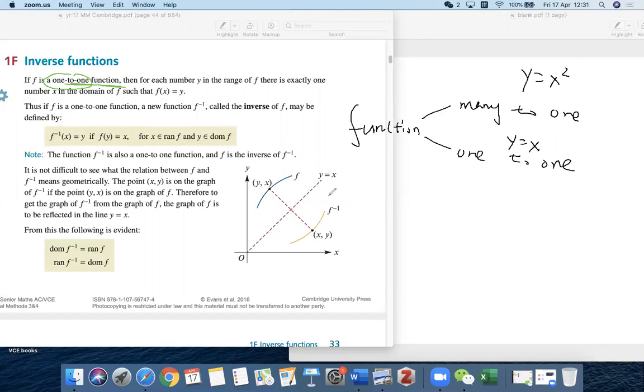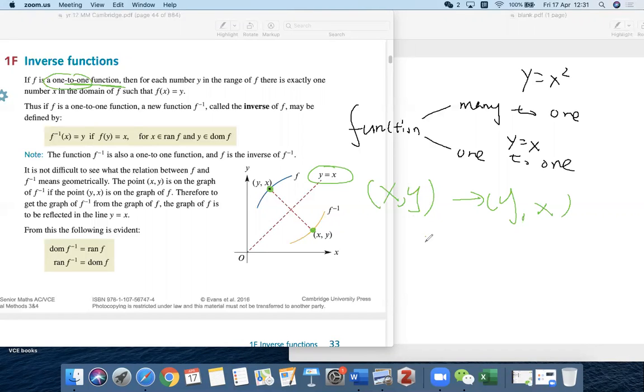What we do for an inverse function is typically change x and y, so (x, y) changes to (y, x). We substitute x into y and y into x. This basically means we do a reflection around the line of symmetry y equals x.